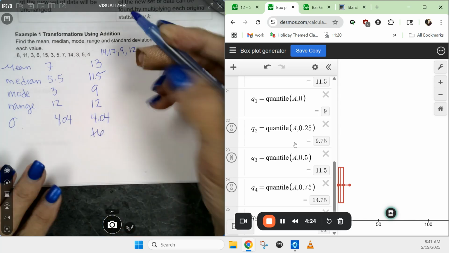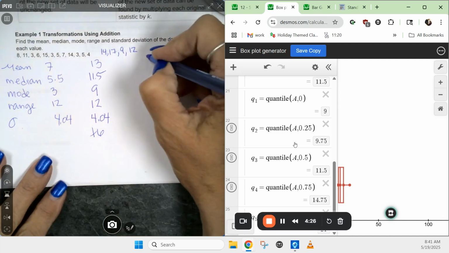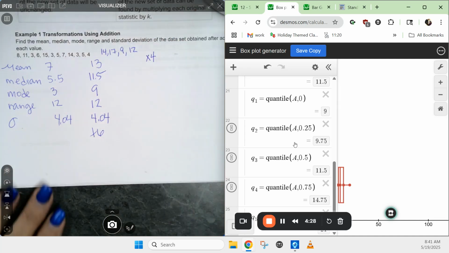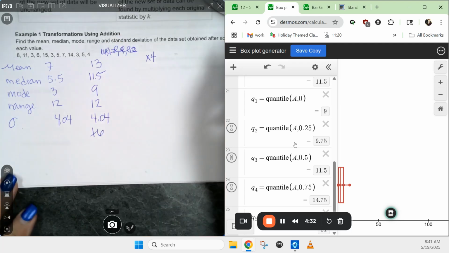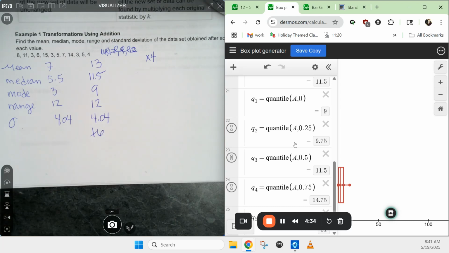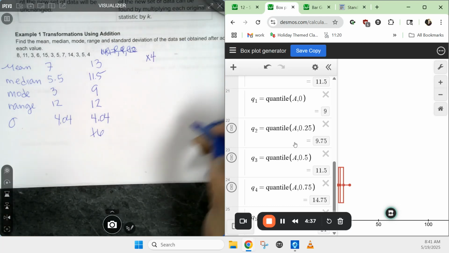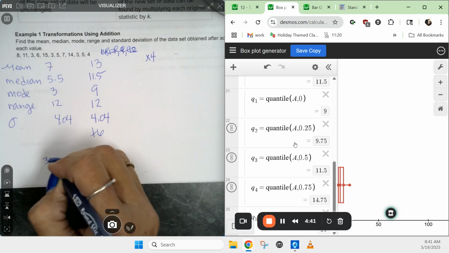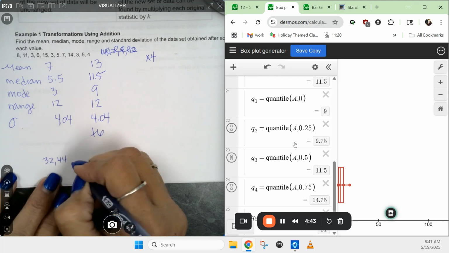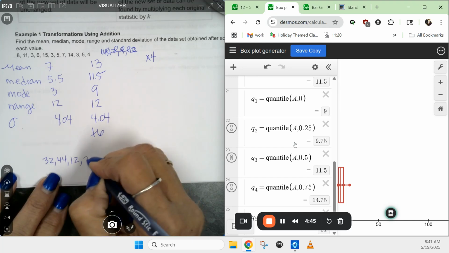So what if I multiplied all these numbers by 4? We're going to multiply them by 4 this time. And I'm going to actually write them down so that I'm not messing it up. So I'm going to come down here and write times 4. So 32, 44, 12, 24.